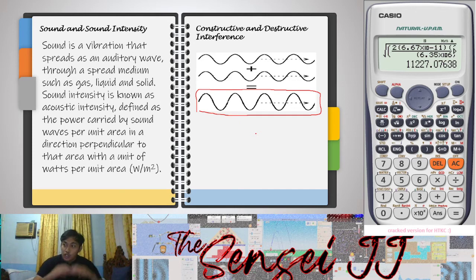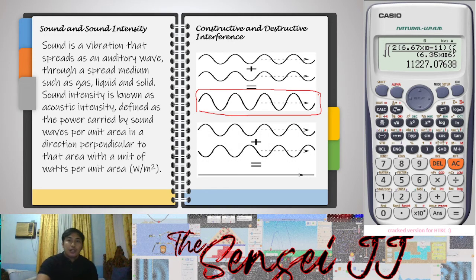Constructive, from the word itself, to construct, piling things up, piling wavelength, another wavelength, and another wavelength. So if they are both on the same wavelength, they will be riding each other. And once they ride each other, they will produce a much greater value of our interference.